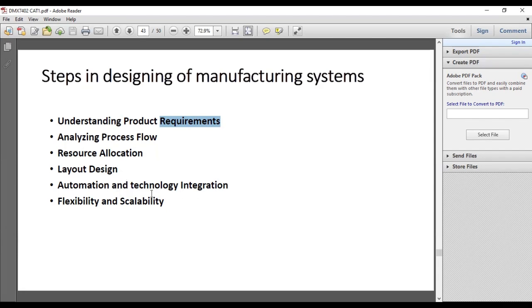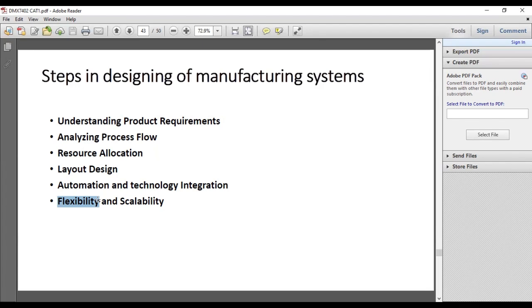And then finally you have to consider flexibility, because if this is a requirement, then you should consider that as well.